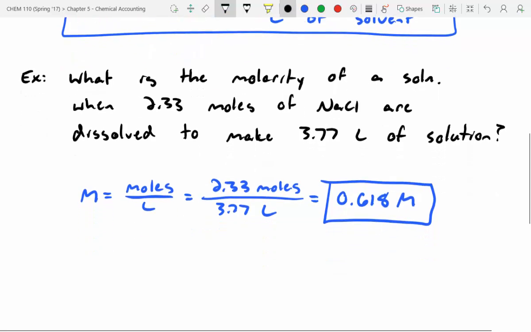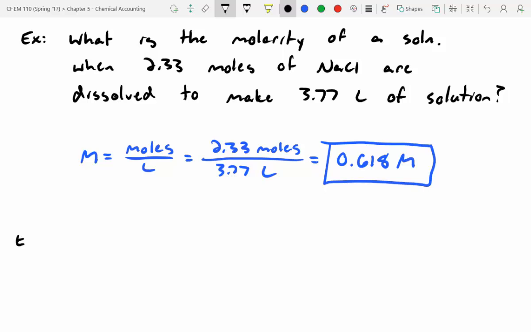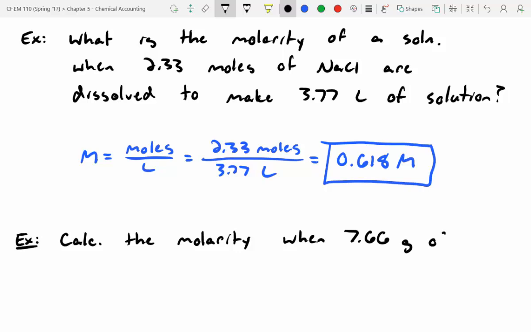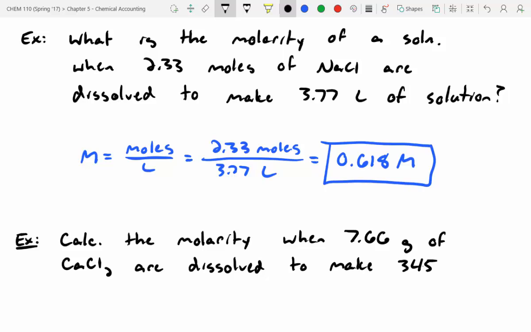Okay, let's try a harder one. This one's going to require more unit conversions. So calculate the molarity when 7.66 grams of calcium chloride, so CaCl2, are dissolved to make 345 milliliters of solution.